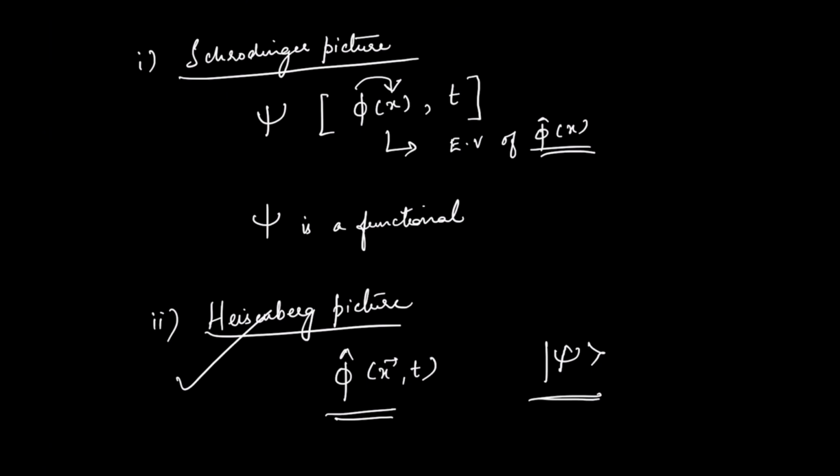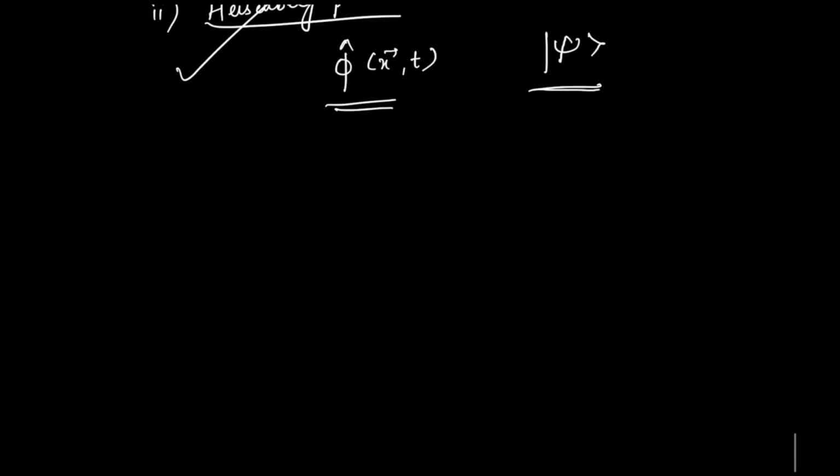Now before going to quantum field theory, let's discuss relativistic quantum mechanics. So what do you know till now about relativistic quantum mechanics? Till now what we have seen is non-relativistic quantum mechanics, and if I want to combine special theory of relativity with quantum mechanics, how do I incorporate it?